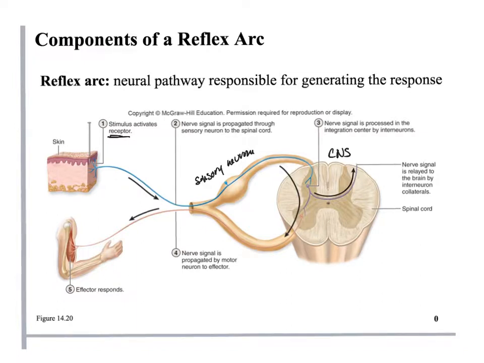And that sends information to the central nervous system. Okay, the nerve signal is processed, right? And many times there's an interneuron. So we have processing, and the interneuron is important here. You'll see it actually branches in two spots, and it immediately terminates on a motor neuron.